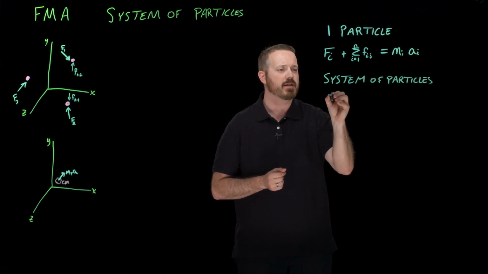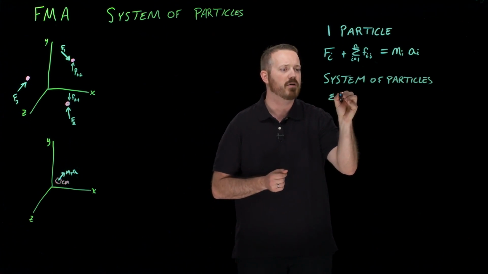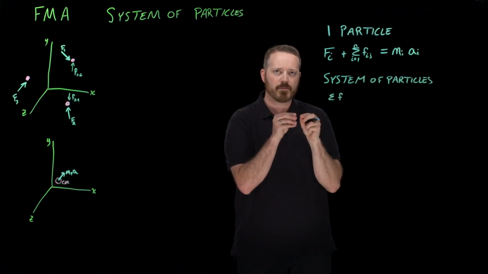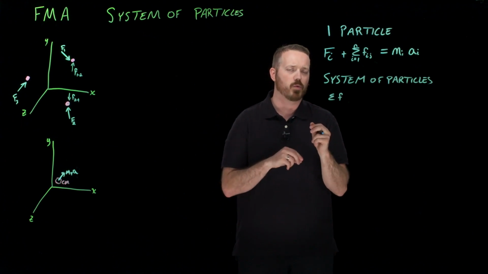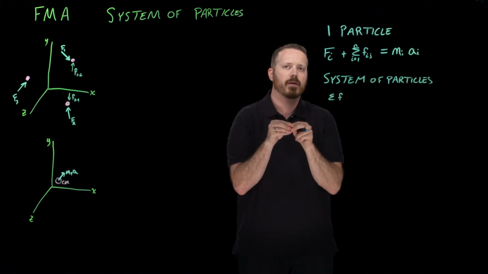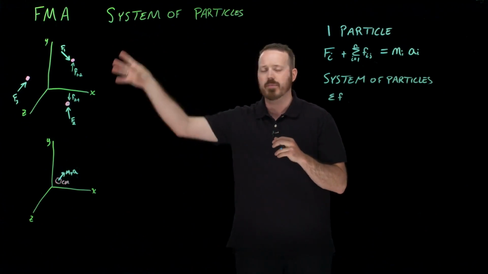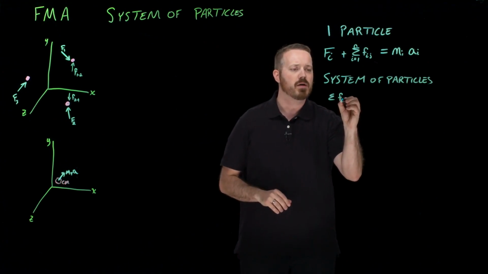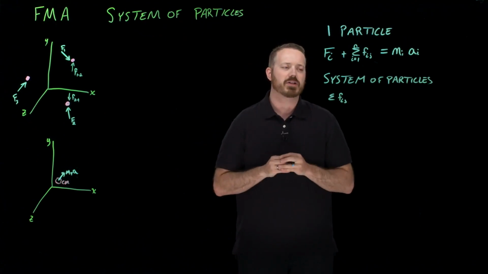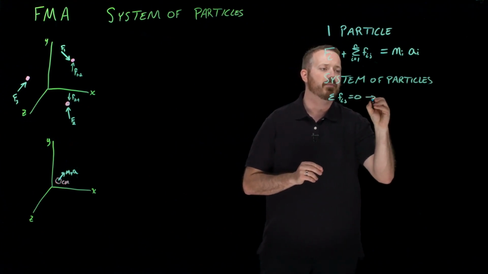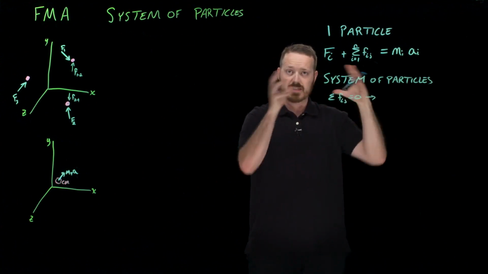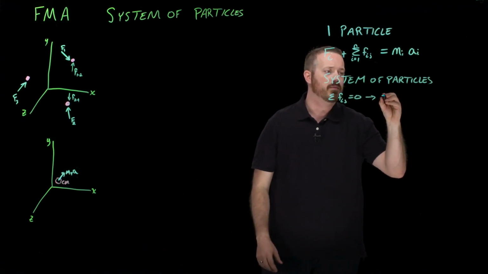That means 1 acting on 2 has to be equal and opposite to 2 acting on 1, so you add those two together and you'd get 0. And the same would happen when you add them for all of them. So if you sum all of the little internal forces together, those have to be 0. That's the implication of Newton's third law when we look at the system of particles.